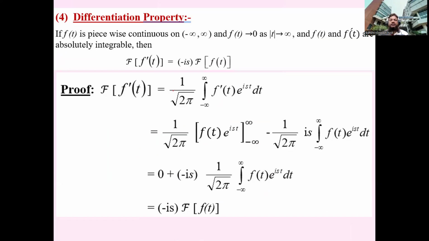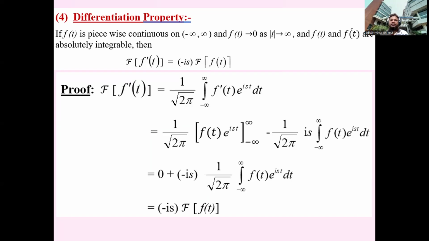I repeat, the Laplace transform is used for solving ordinary differential equations, which are initial value problems. But the Fourier transform is used for solving partial differential equations, which are boundary value problems.